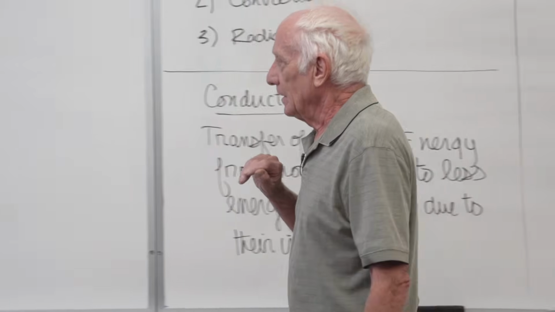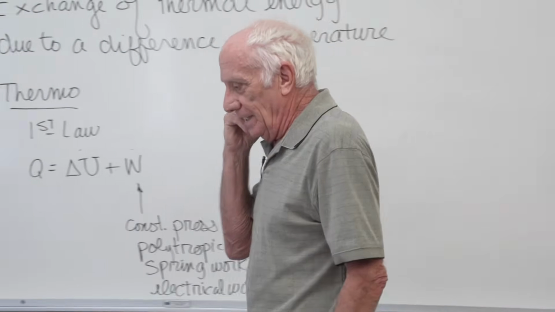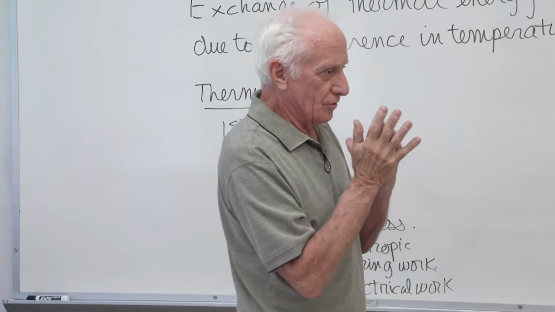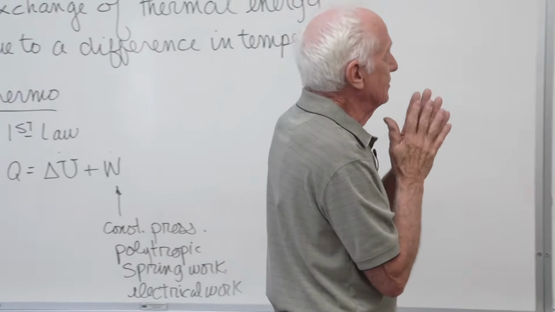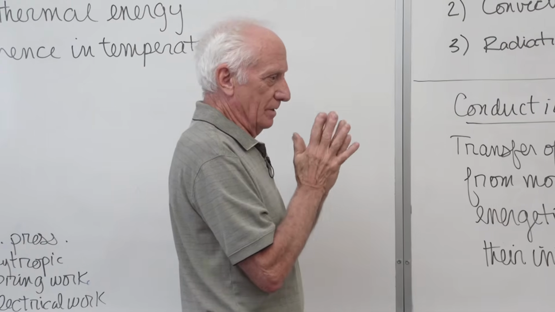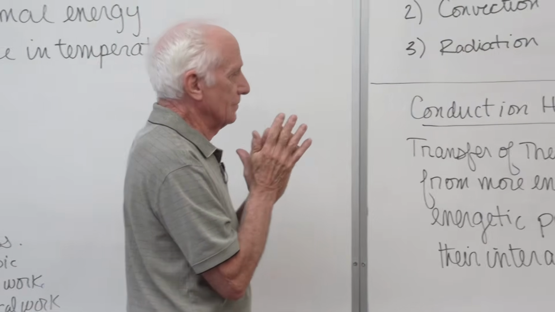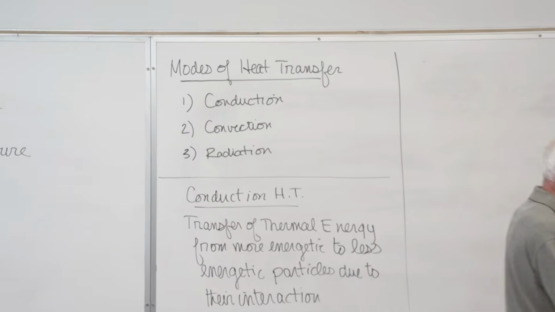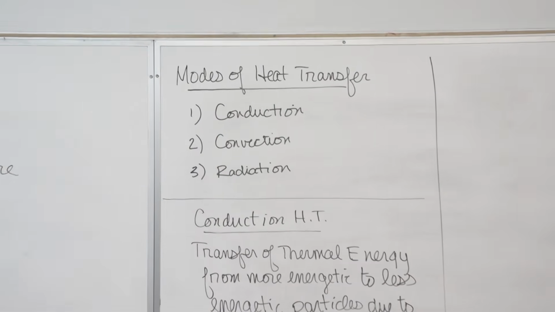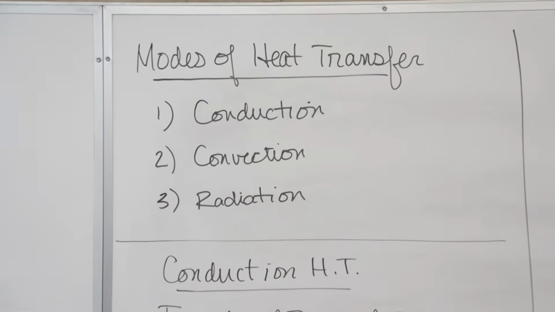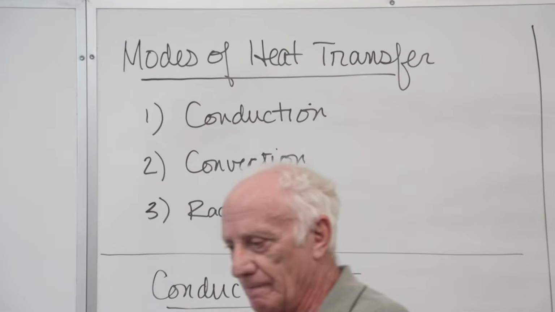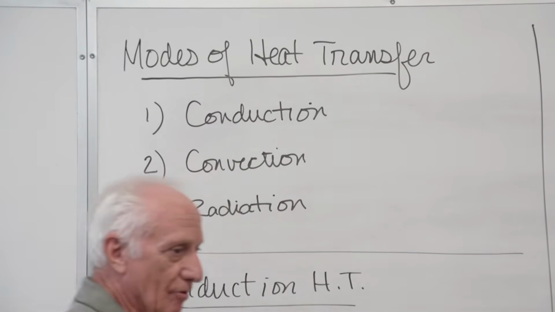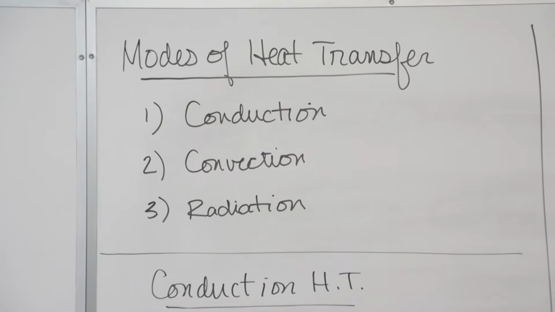Okay. So in heat transfer, we pretty much lump the first course into three modes, or three ways that heat can be transferred. Number one, it can be transferred by conduction. Number two, by a process called convection. And number three, by what we call radiation heat transfer.